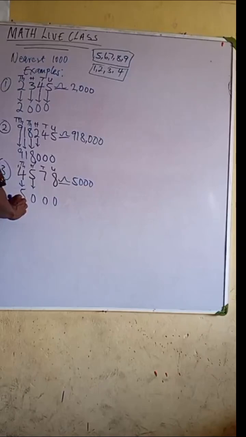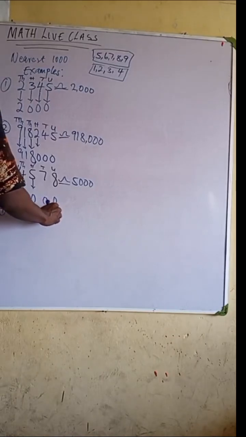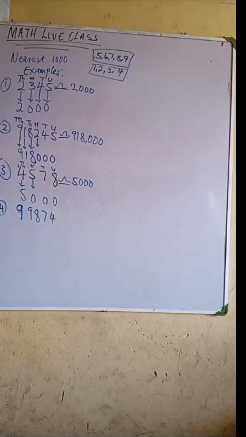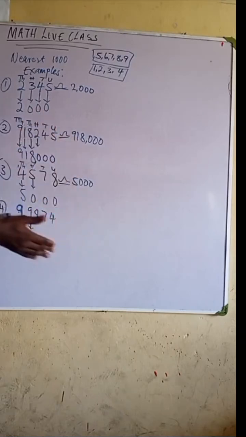Number 4. 99874. So which place value here represents 1,000? This is units, this is tens, this is 100, and this is 1,000. So this is 1,000. Which one are we supposed to consider? The 100 digit.